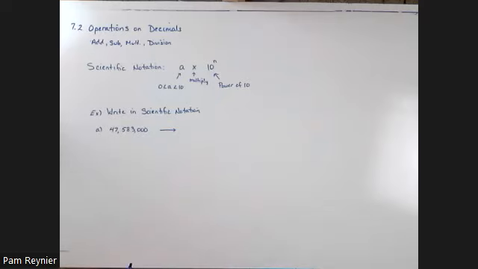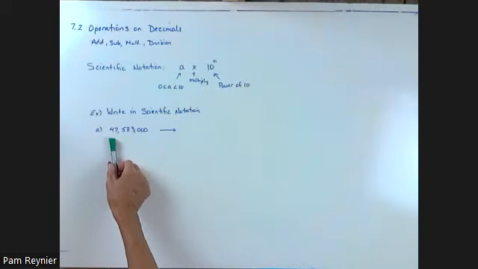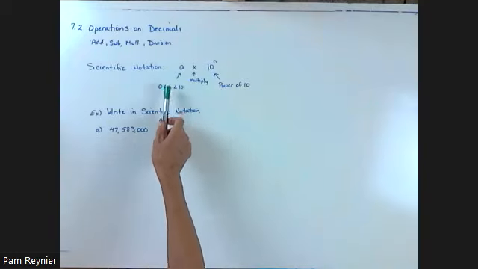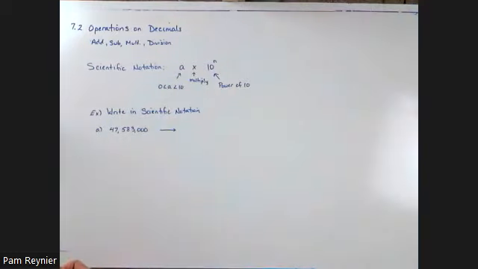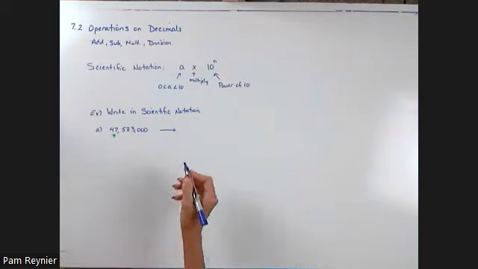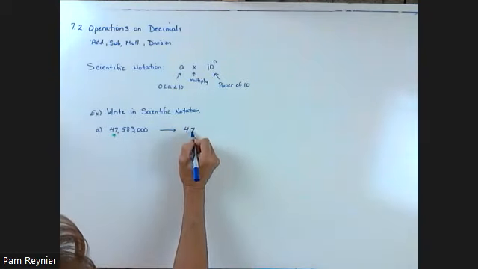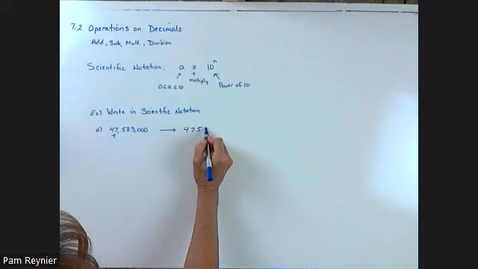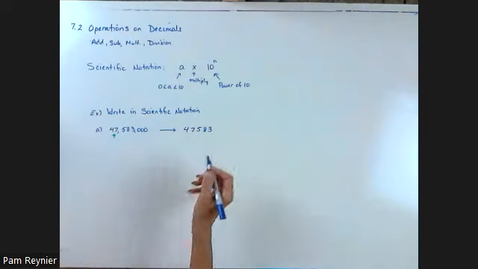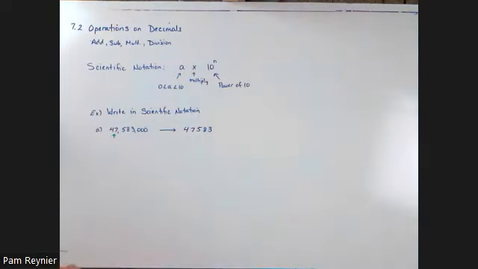The numbers themselves don't change. We just need to think, where can I place a decimal so that the first part is between 0 and 10? Well, it should be placed after the 4. So that means I'm going to have a 4, 7, 5, 8, 3. I can put the zeros, but I don't have to.